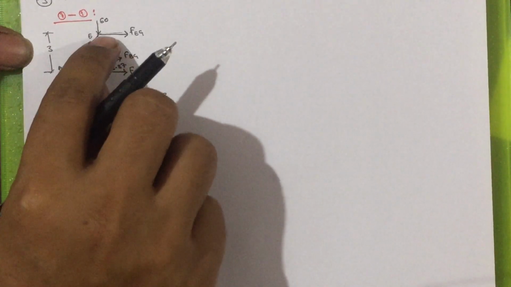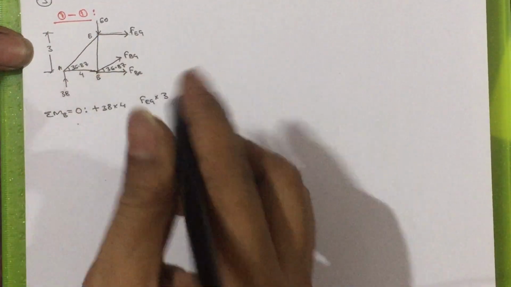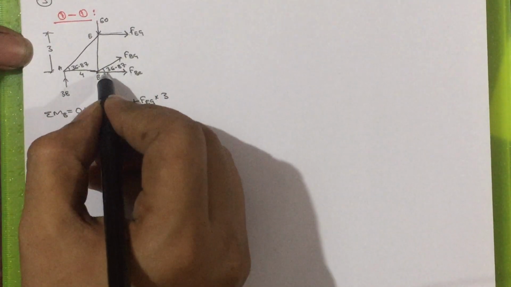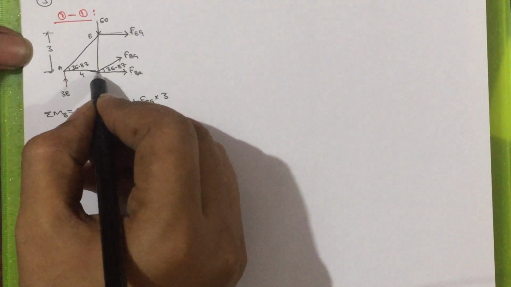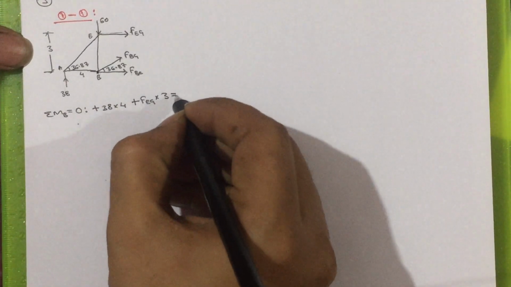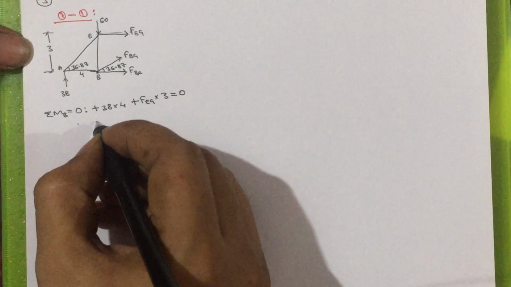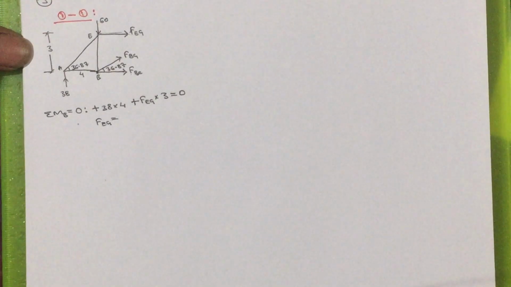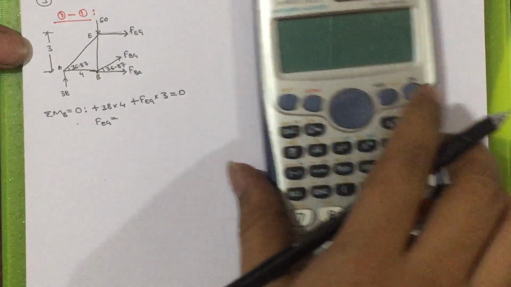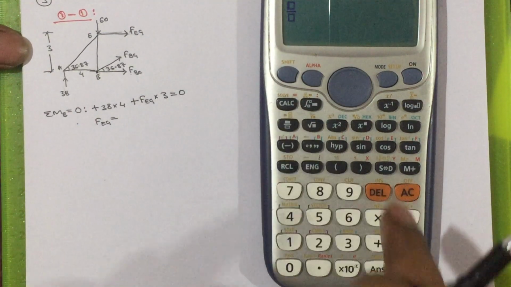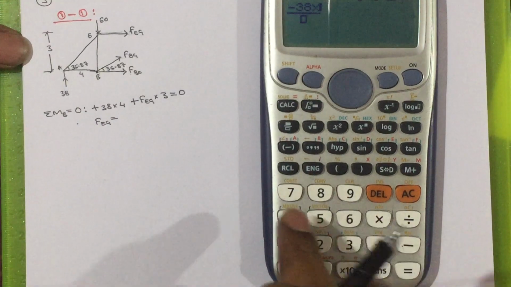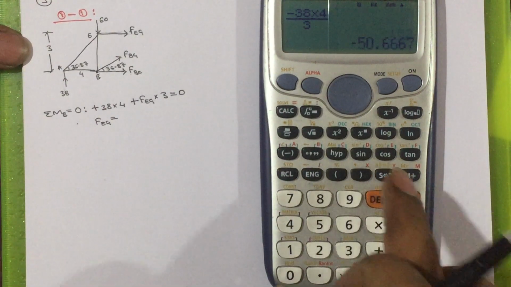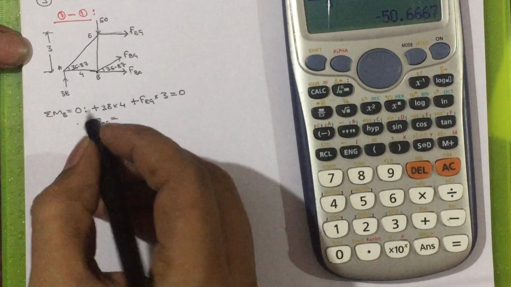With respect to B, FEG is rotating clockwise, so positive. Then FBG and FBC both are acting at B point, so it will become 0. That should be equal to 0. Therefore, FEG you are going to get as minus 38 into 4 divided by 3. So it will be minus 50.67.